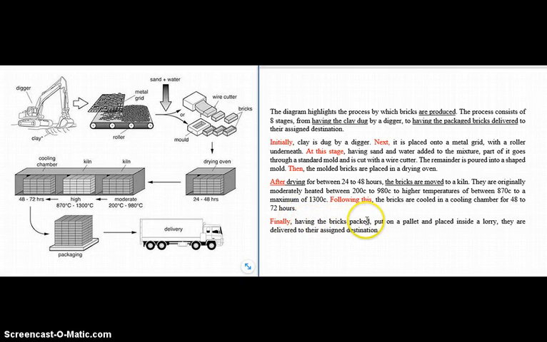Having the bricks packed, which means having the bricks put on the pallet, having the bricks placed inside a lorry. Obviously we don't want to keep repeating ourselves, so we use having the bricks at the very beginning, and then the rest of it is just simply mentioning all the verbs. Placed inside a lorry, they are delivered to their assigned destination.